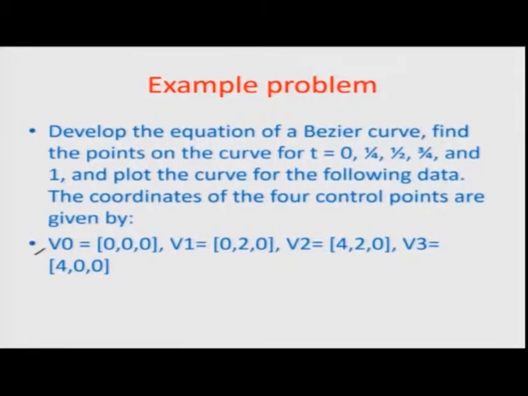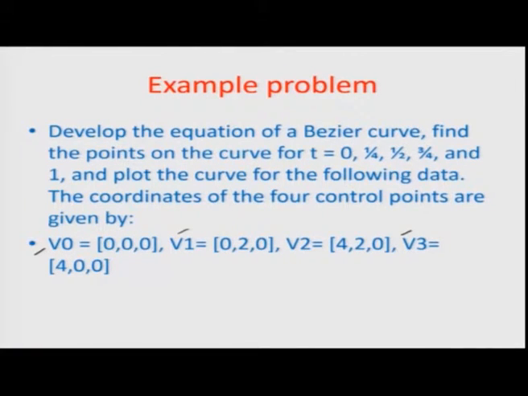We have 4 different control points in a particular example, V0, V1, V2 and V3, and they are on a 3-dimensional plane. So, these are 3-dimensional coordinates with a unique value for x, y and z when we vary between the different points.